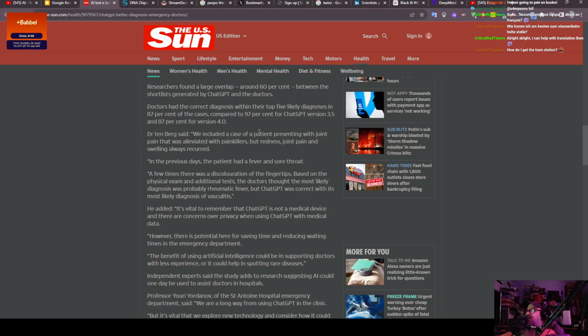We included a case of a patient presenting with joint pain that was alleviated with painkillers, but redness, joint pain, and swelling always recurred. In the previous day, the patient had a fever and a sore throat. A few times, there was a discoloration of the fingertips. Based on the physical exam and additional tests, the doctors thought the most likely diagnosis was probably a rheumatic fever, but ChatGPT was correct with its most likely diagnosis of vasculitis.